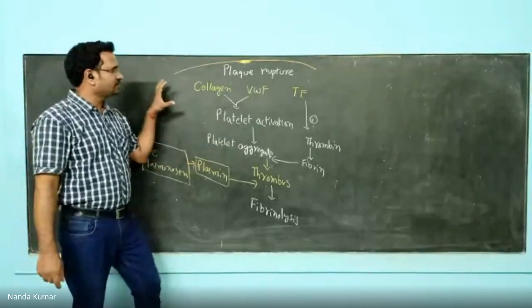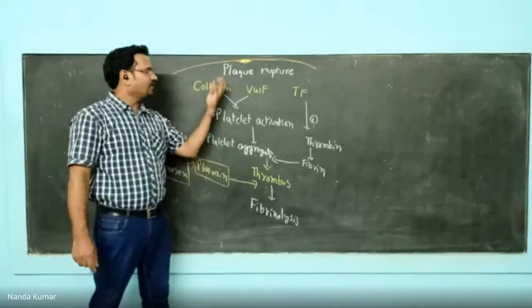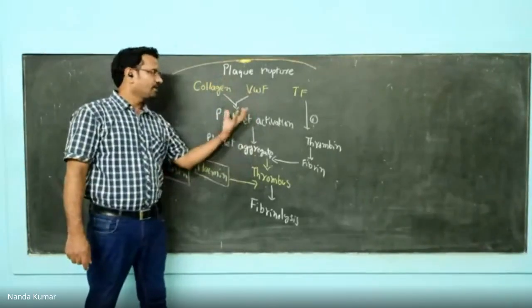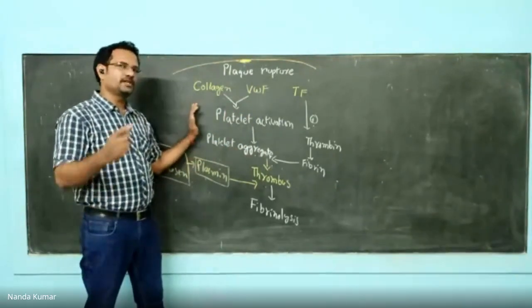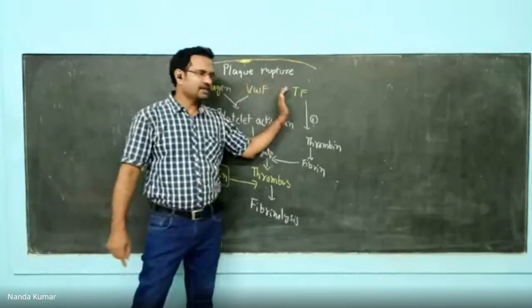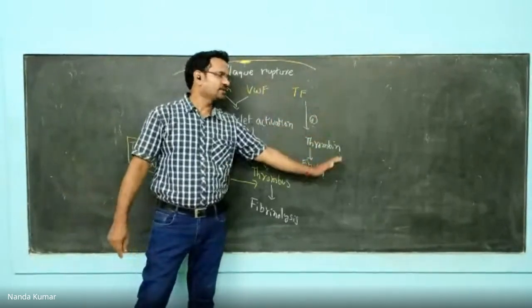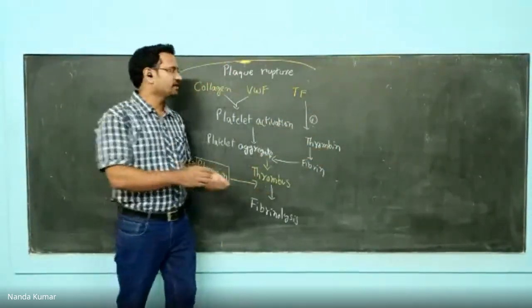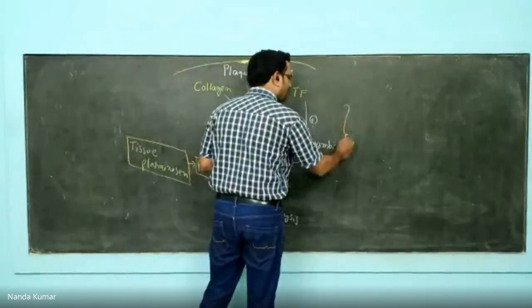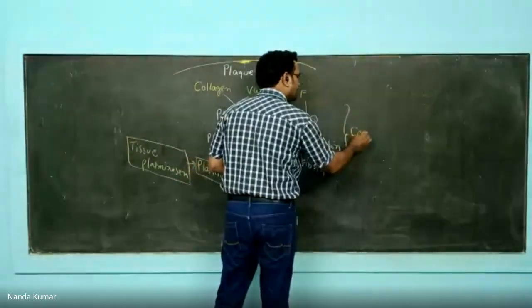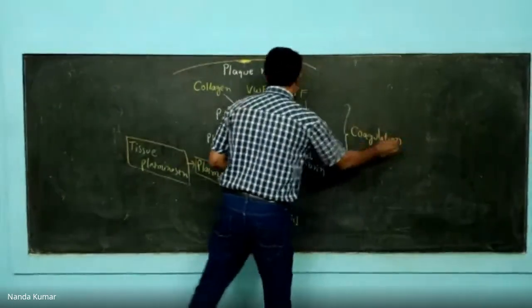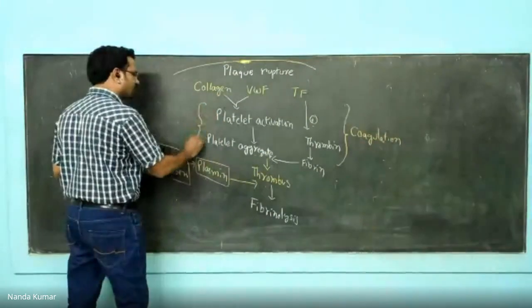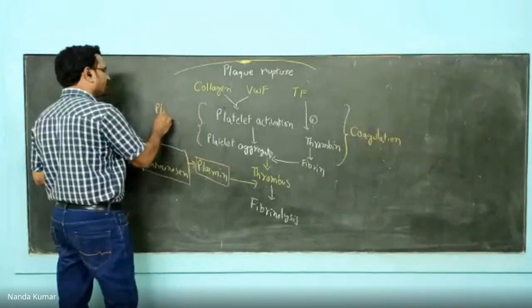Now in this process, collagen and von Willebrand factor activate platelets. This process is related to platelet activation. Tissue factor activating thrombin and fibrin, this process is related to coagulation. So this entire process is known as the coagulation cascade, whereas this process is known as platelet activation.